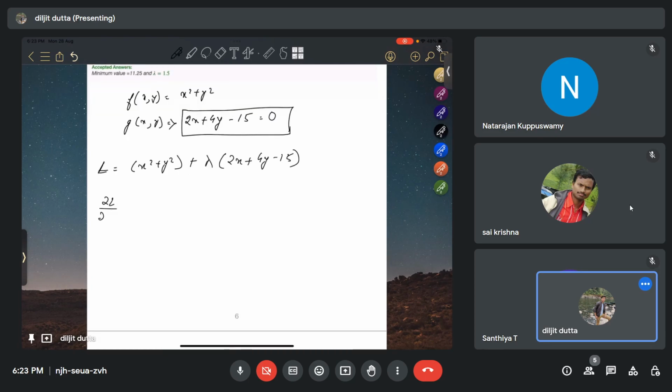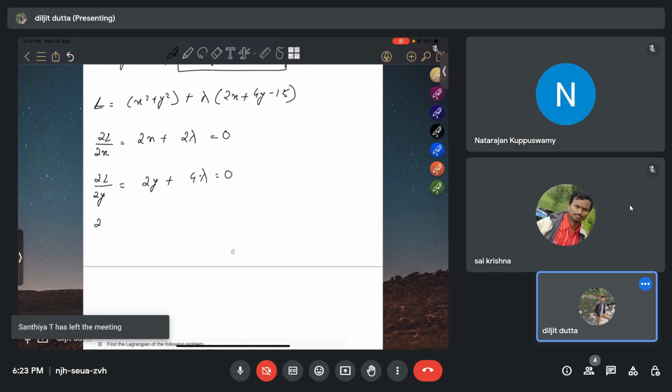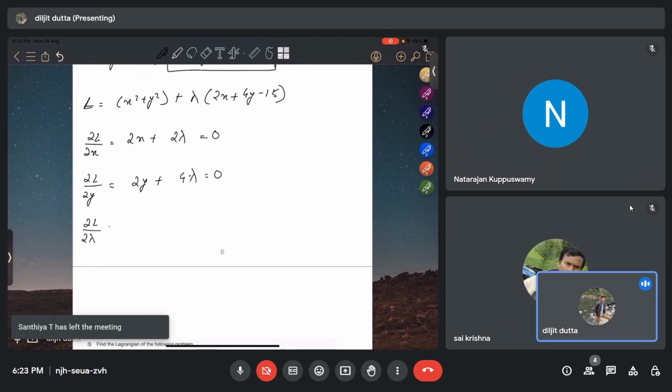So del L by del x is equal to 2x plus 2 lambda equal to 0. Del L by del lambda is equal to 2x plus 4y.